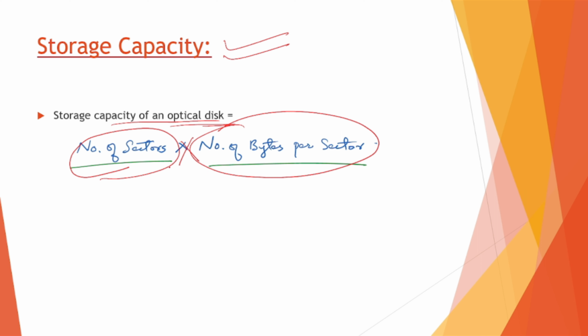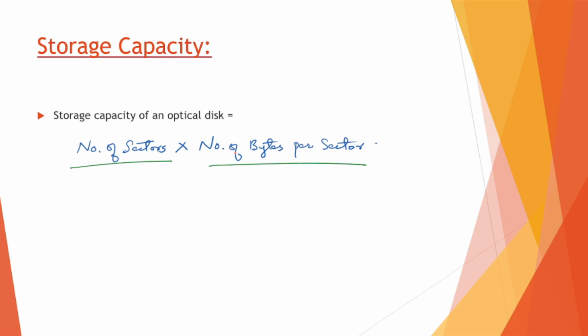That means there is no concept of track. There was a concept of track in magnetic discs, but in optical discs we don't have any concept of tracks. We only have the number of sectors and the number of bytes per sector. This gives the total capacity of an optical disc.